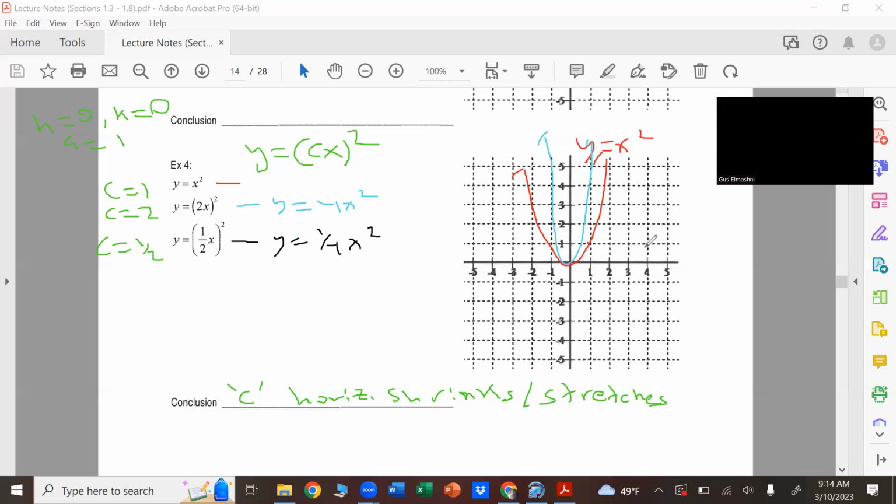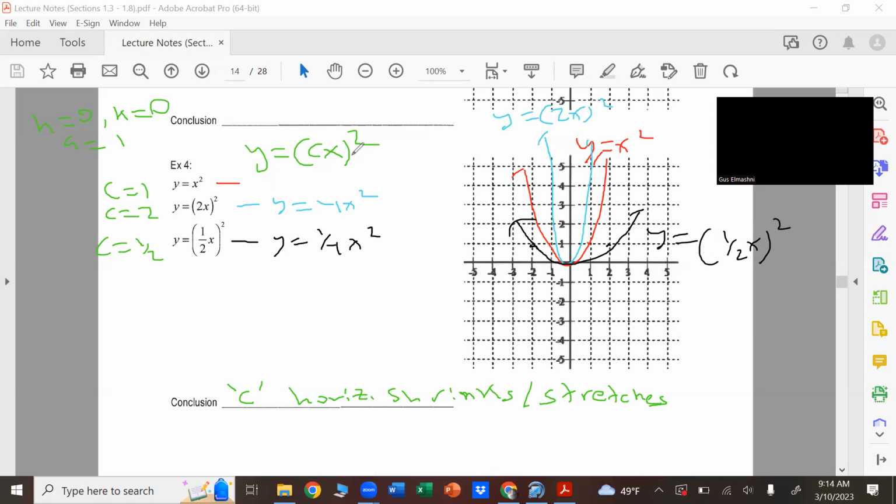If I plug in 2, I get this. So that's y equals parentheses 1/2 x squared. And the blue again was y equals parentheses 2x squared. So here's what happens. There are no negatives at all.